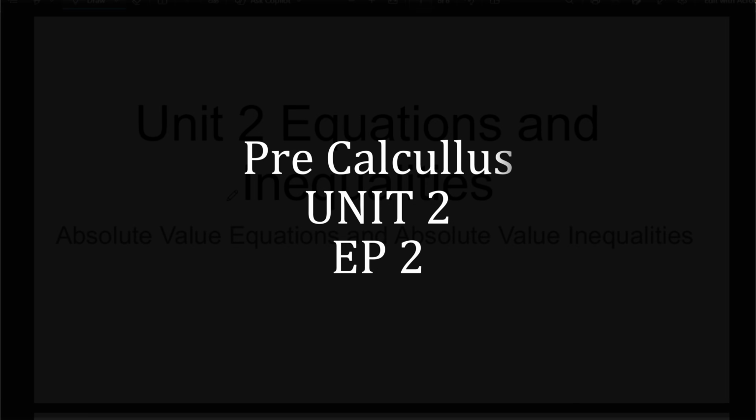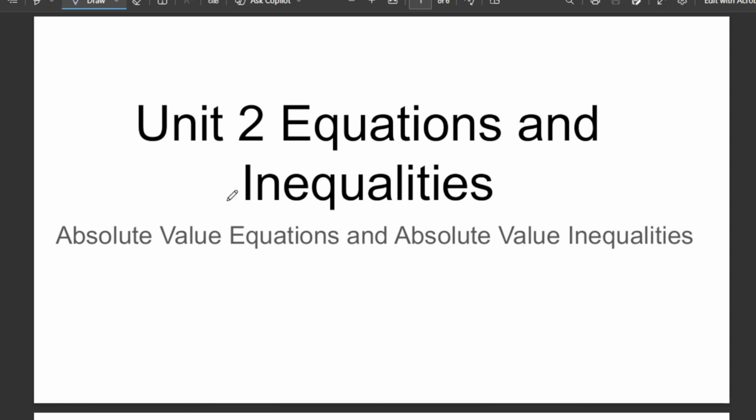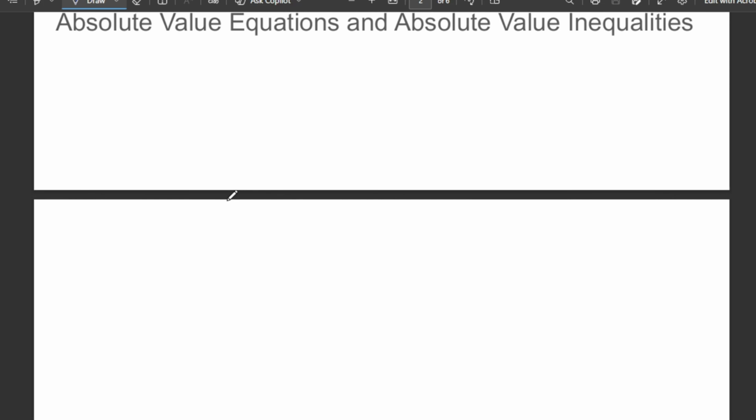Okay. Hello everyone. In today's video, I want to talk about absolute value equations and also absolute value inequalities. If you guys remember, the absolute value of a number, the sign doesn't matter. So if it's positive or negative, it will always be positive.